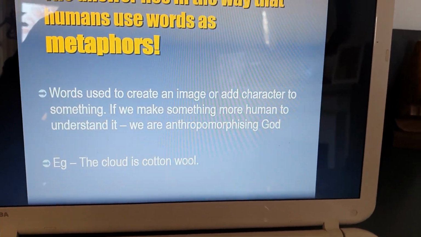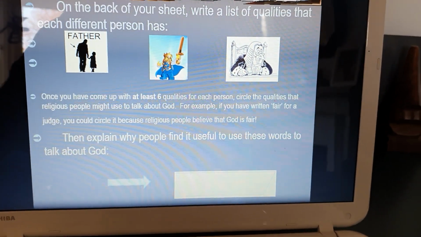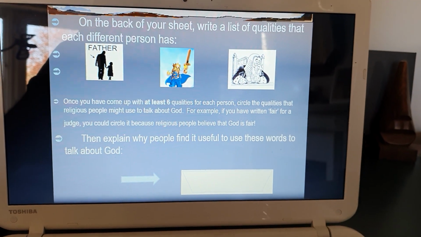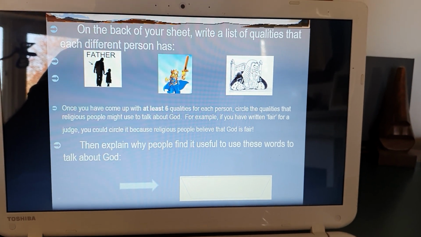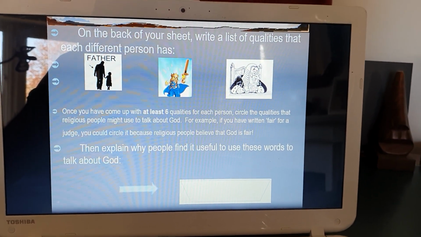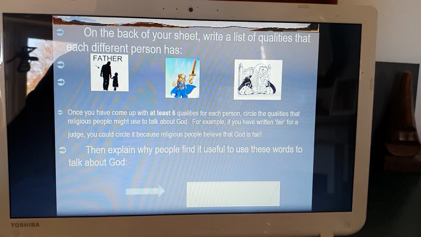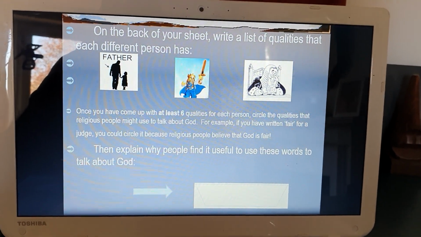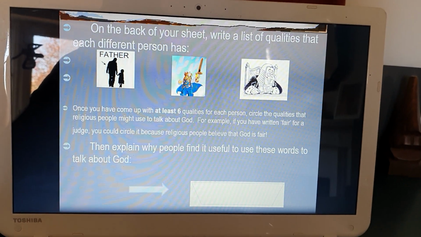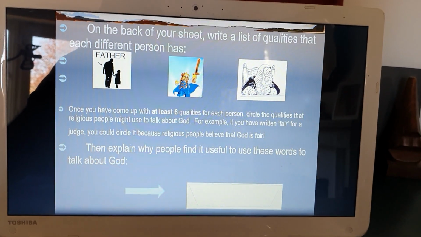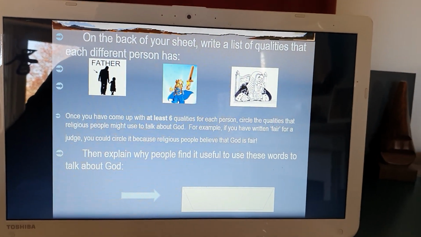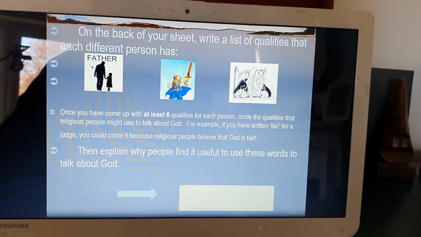So we're anthropomorphizing God. So have a little think about that now on a piece of paper. See if you can write as many qualities that each of these people has: a typical good father, a typical king, and a typical good honest judge.